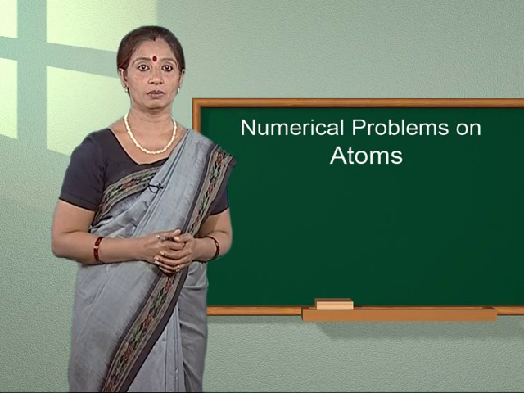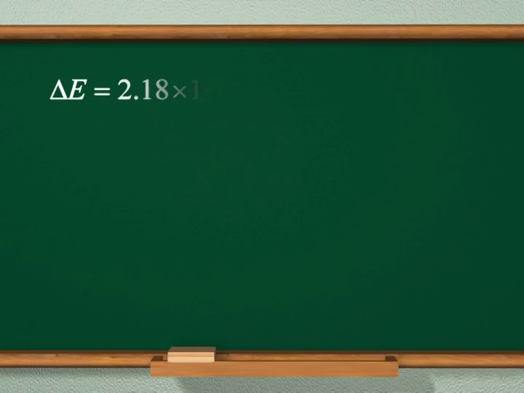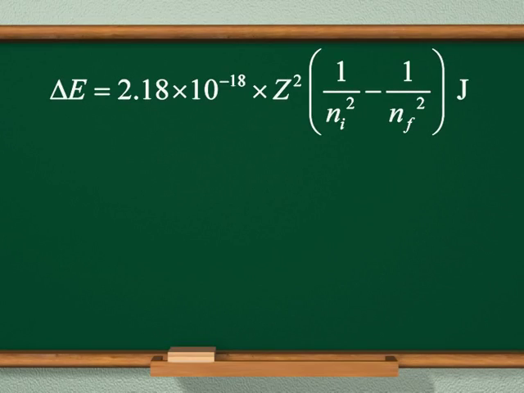of helium atom, is delta E equal to 2.18 into 10 to the power minus 18 into Z square into 1 by Ni square minus 1 by Nf square joule. Here Ni is 1, Nf is 3 and Z is 2.